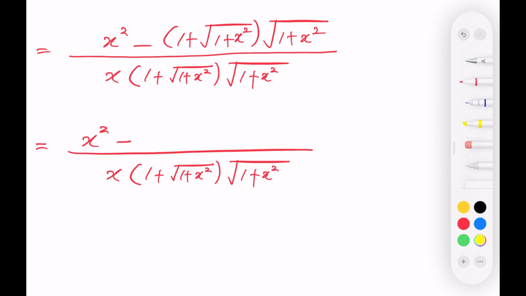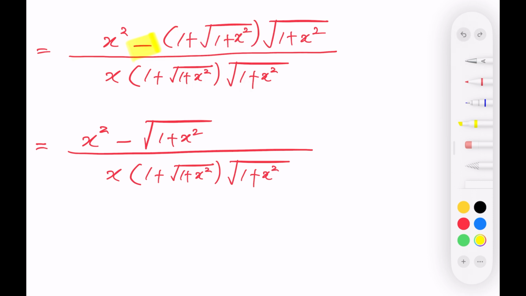And I need to distribute square root 1 plus x squared into each of these two terms inside that next factor. Square root 1 plus x squared times the 1 is going to be square root 1 plus x squared. And please do not forget that this negative symbol is common to both of these terms.